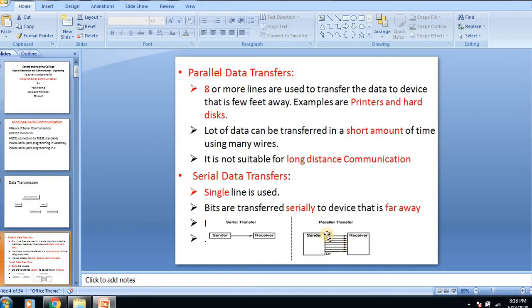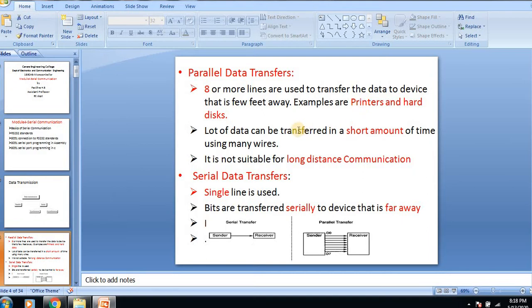As many bits as we need to transmit, we should have that equivalent number of communication lines. Examples are printers and hard disks, meaning the communication between the computer and printers or the hard disk.